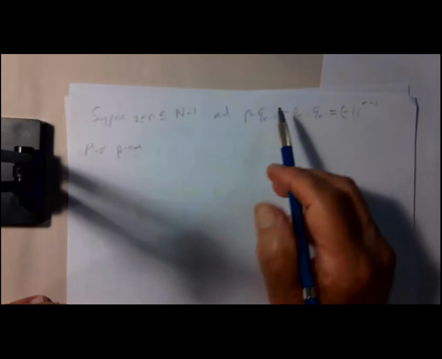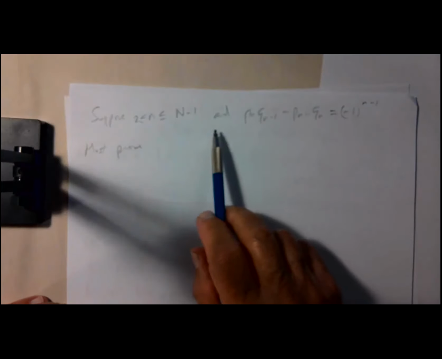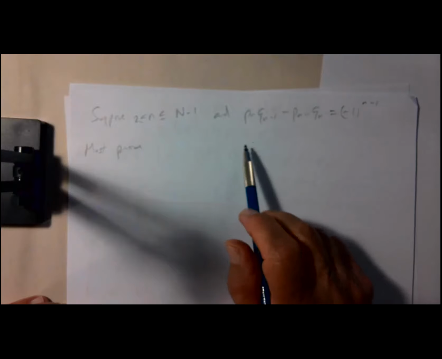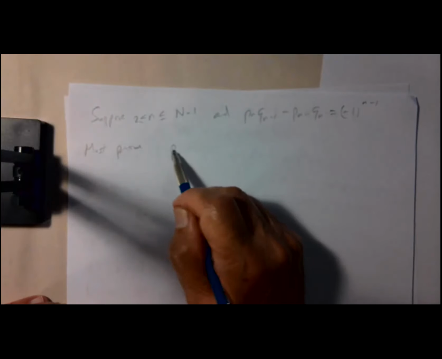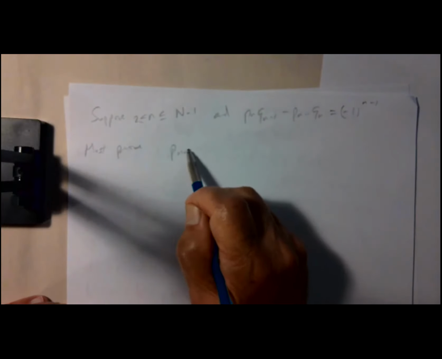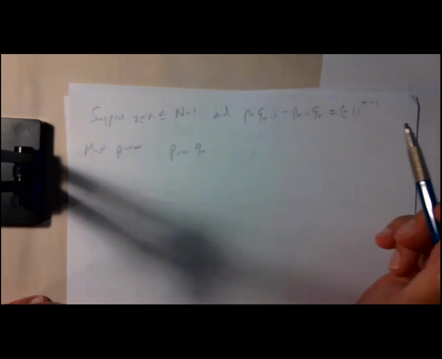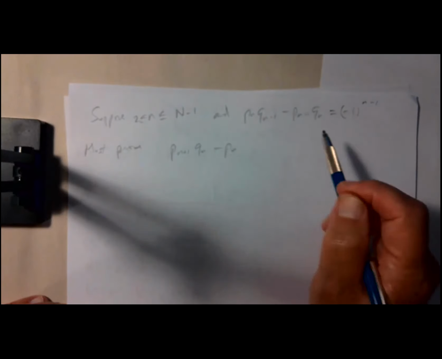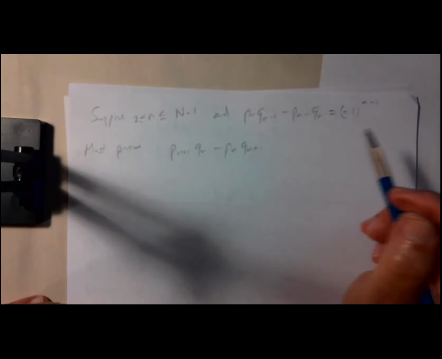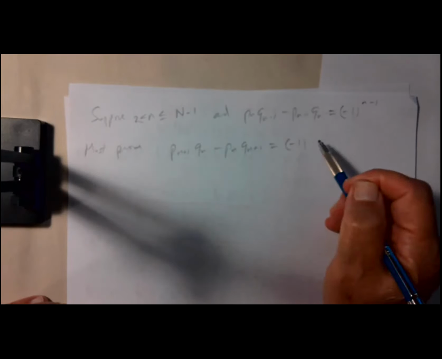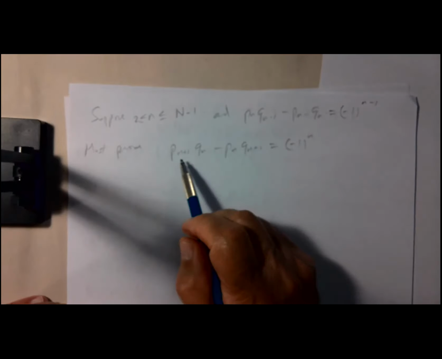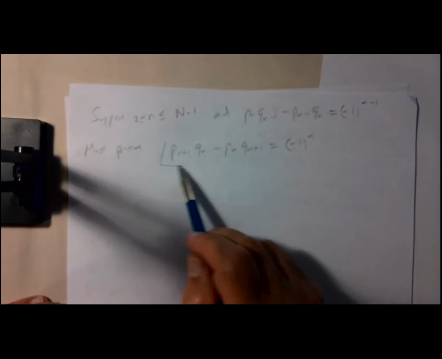So what do we have to prove? We have to prove this statement when n is replaced by little n plus 1. That is, we have to prove that Pn plus 1 Qn minus Pn Qn plus 1 is minus 1 to the n. That's what we have to prove.